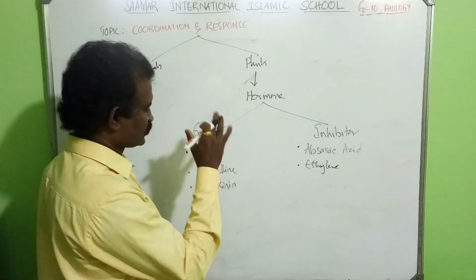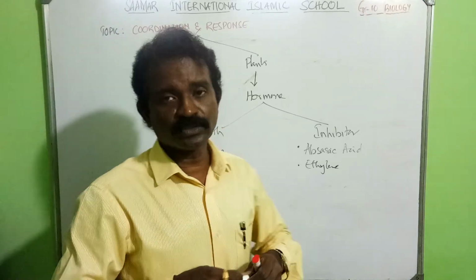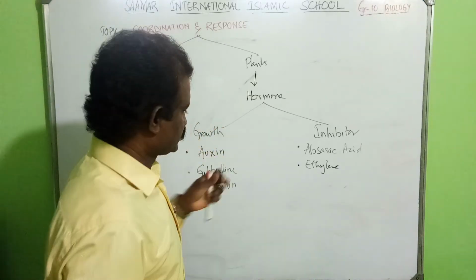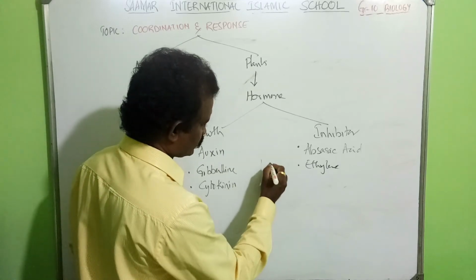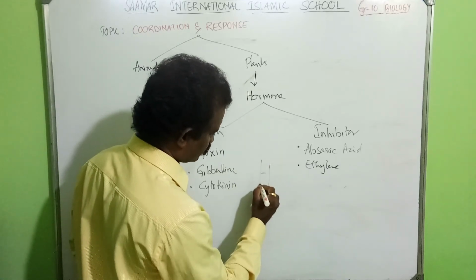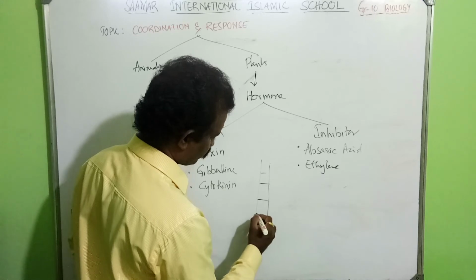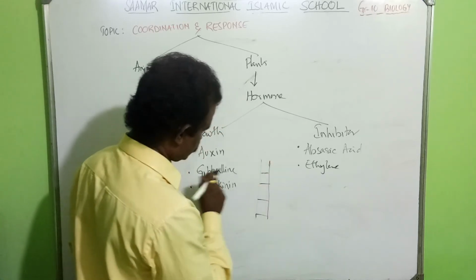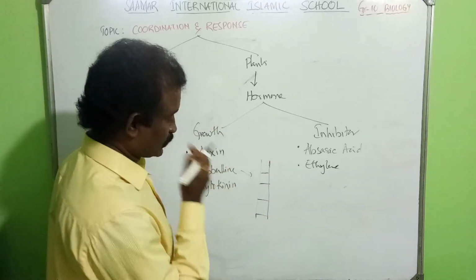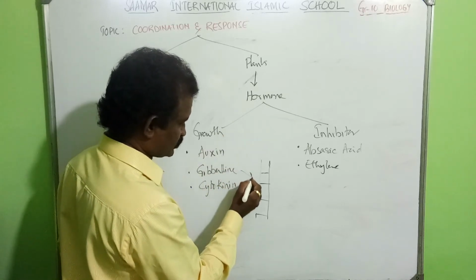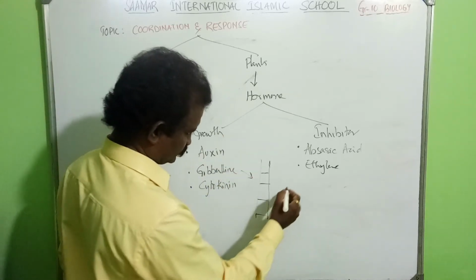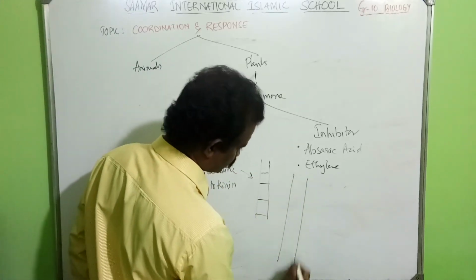Now auxins are nothing but growth hormones. For example, this is the sugar cane, and this is called the node. Now you have gibberellins here. If you put this gibberellins in the soil, you can see the growth increases.